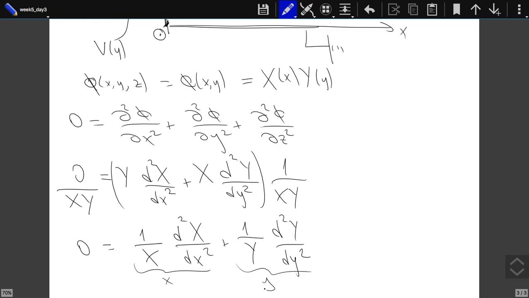Now, different points might have the same x, so this doesn't change, but different y. But this equation should be satisfied for all those points, although they have the same x but different y. That basically tells me that since this is constant for those points that have the same x, as I change y, this shouldn't change. This should itself be a constant.